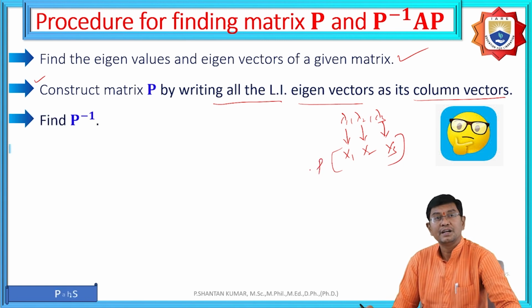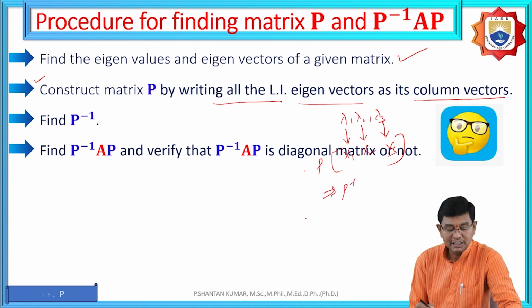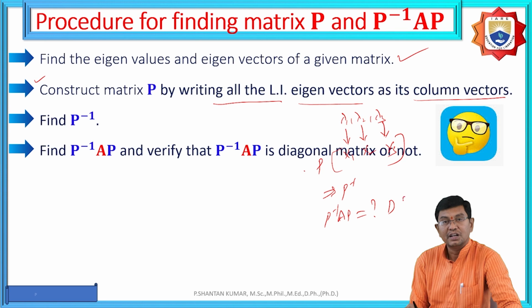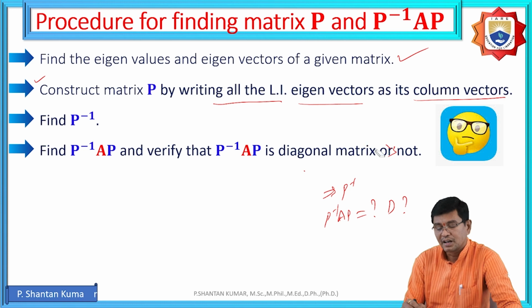After that, we need to find P inverse from this P. Then compute P inverse AP and find out whether it is diagonal or not. This is the working rule for the diagonalization of a matrix.